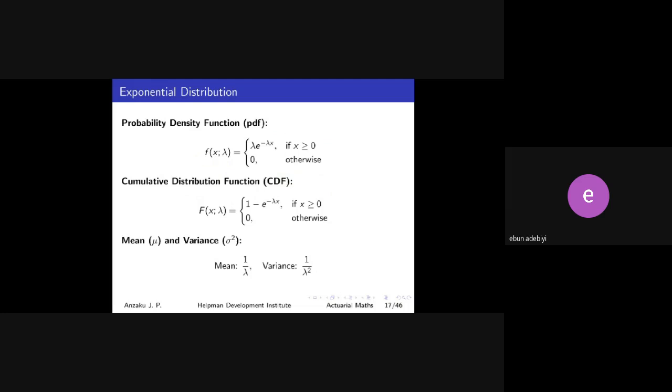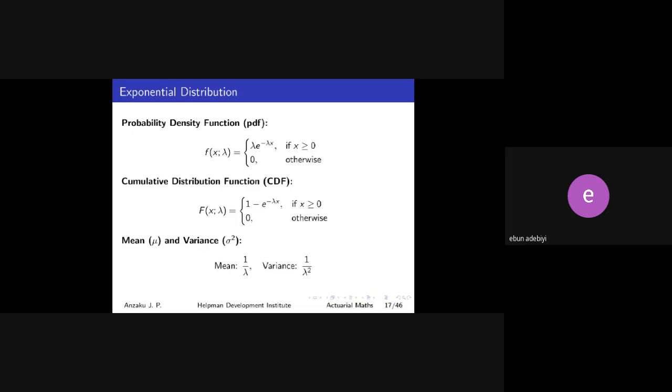Now, the PDF of the exponential distribution is given by this function, lambda multiplied by e to the power of negative lambda times the value that the random variable can take, which is x, if x is greater than or equal to 0, and it is 0 otherwise. That's if x is less than 0, then it is 0.